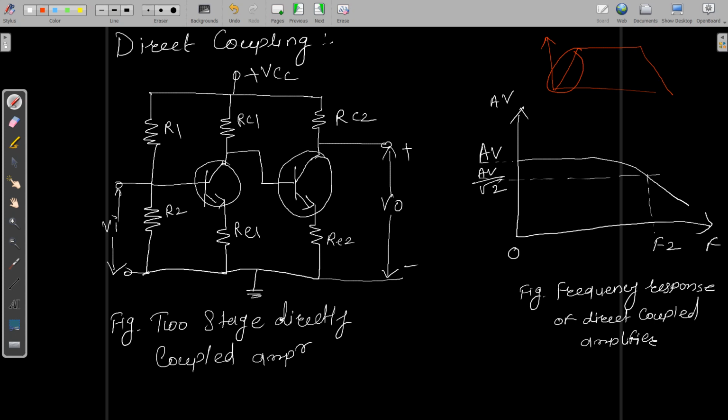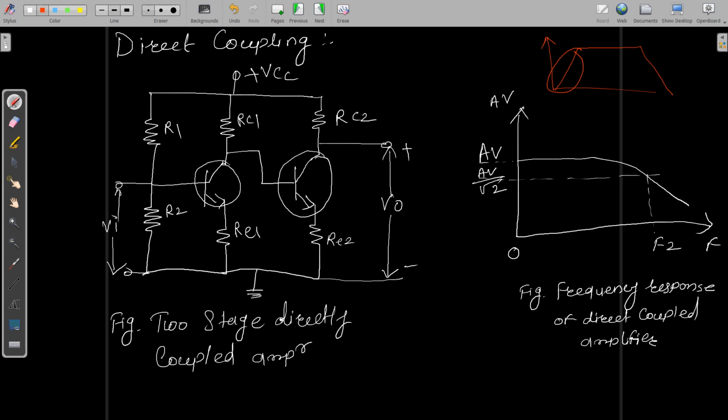From zero frequency only you are going to get the maximum gain. Okay, but again because of the shunt capacitance your gain drops to zero at high frequencies. So if you compare the RC coupled amplifier with the direct coupled amplifier with respect to low frequency response, it is good.